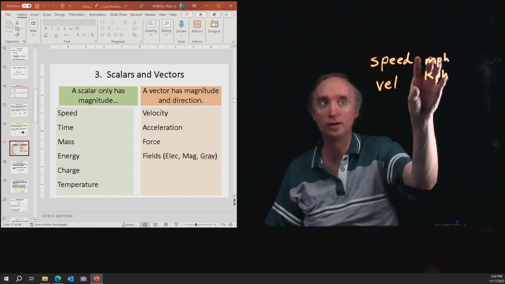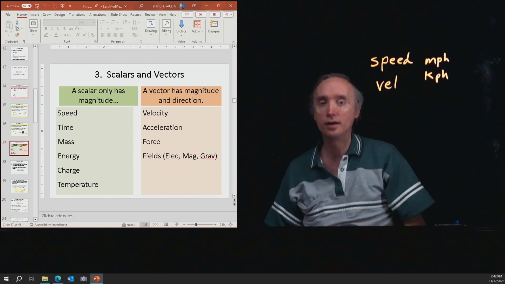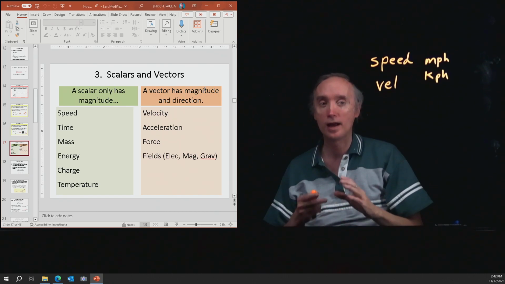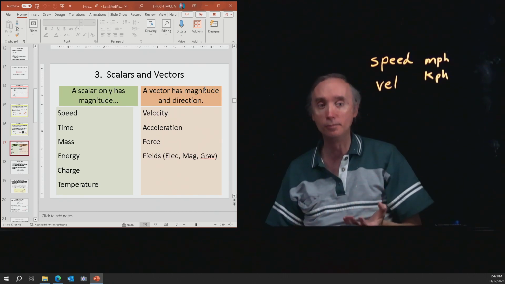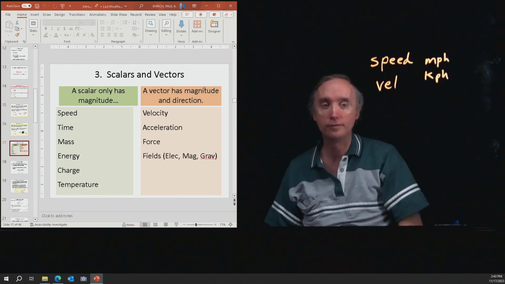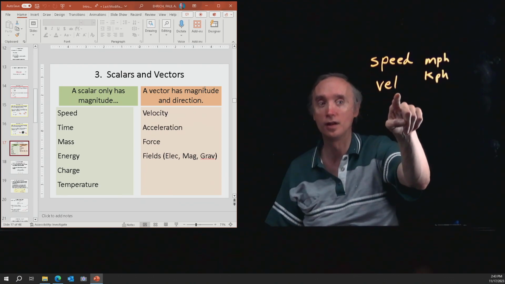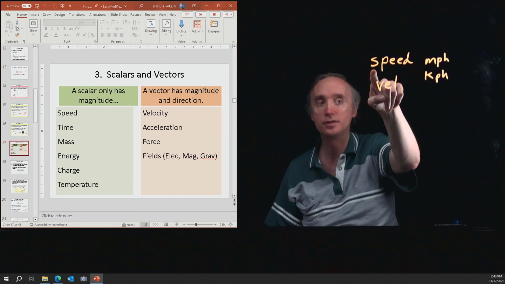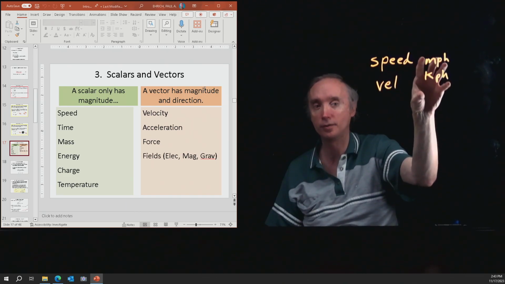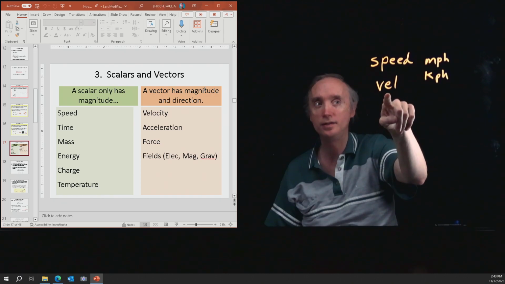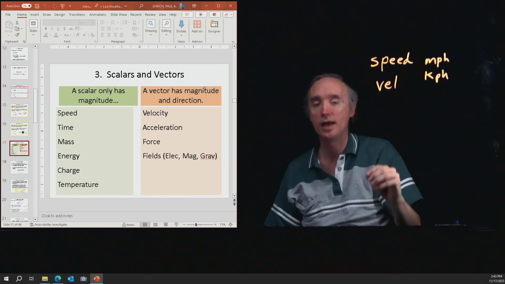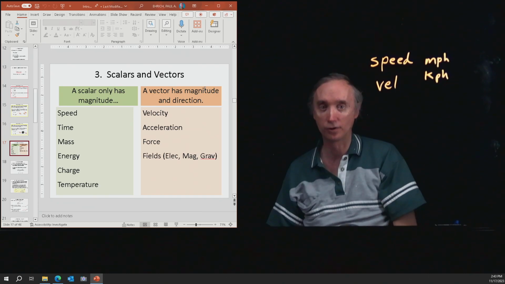It's just giving you a number. On the other hand, if you know how fast you're going and you have a compass and you say that you're going at 55 miles per hour and you're going north, then you have just given a vector and you have told your velocity. So speed is how fast you're going, it's just a number, but for velocity, you're telling how fast you're going and in what direction.